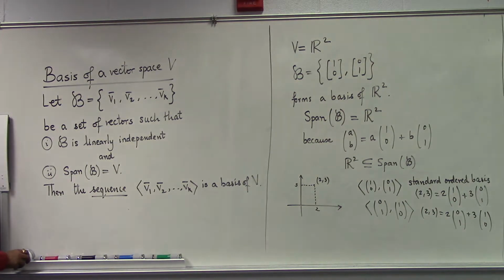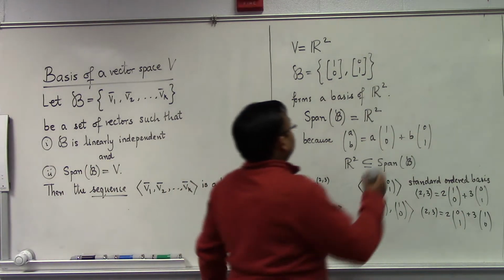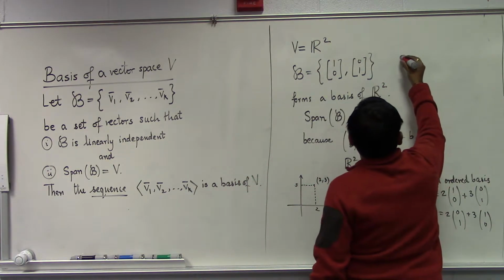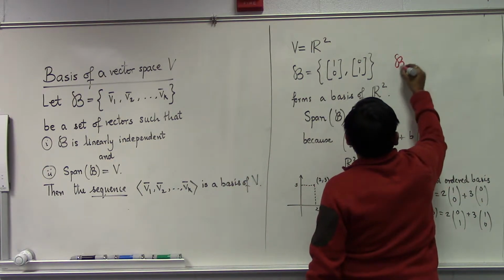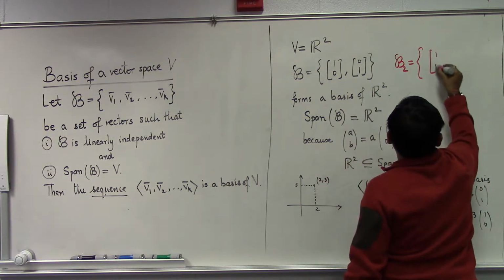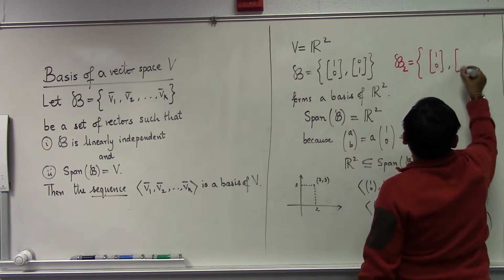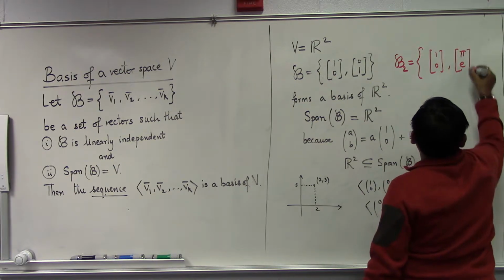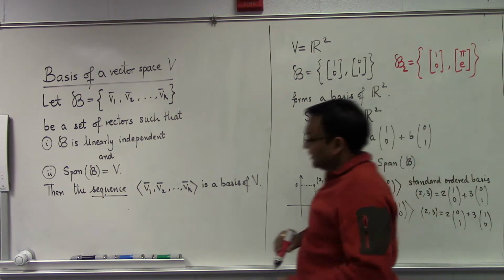For example, instead of using 1, 0 and 0, 1, could I have created another basis of different vectors? So for example, could I have another basis, let me call it B2, which has the vectors 1, 0 and pi, e. Could this be a basis?